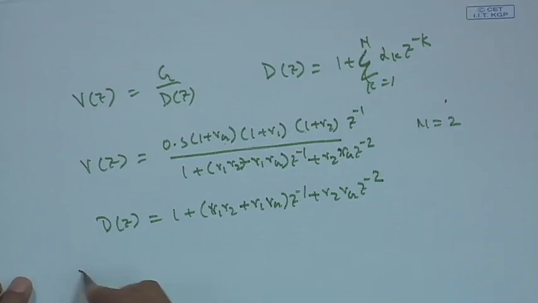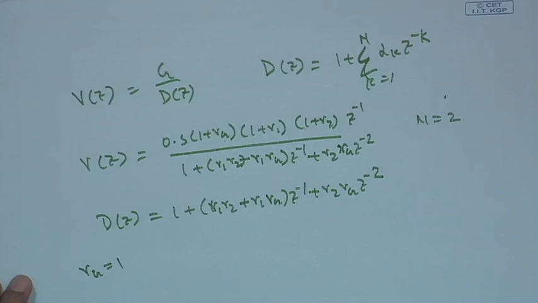Now, if I say Rg is equal to 1, the total impedance is infinite, Zg is equal to infinite. You know that the reflection coefficient is Rt minus Rg divided by Rt plus Rg, or Rg minus Rt.